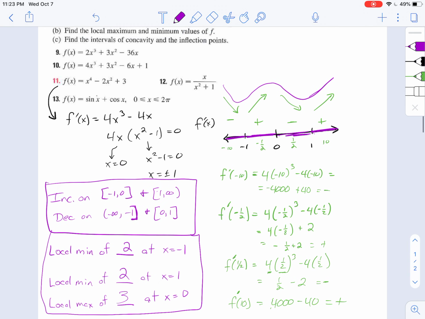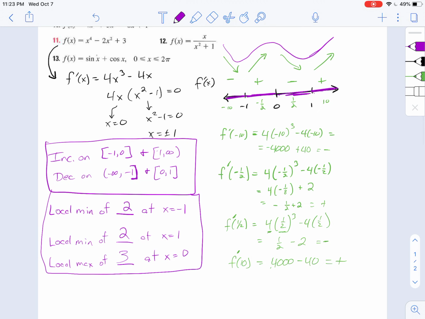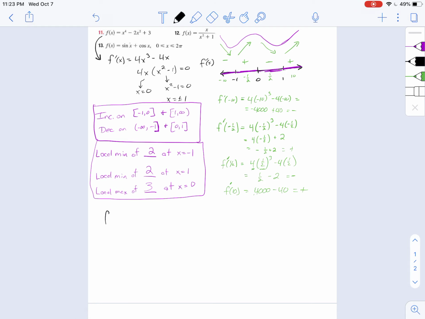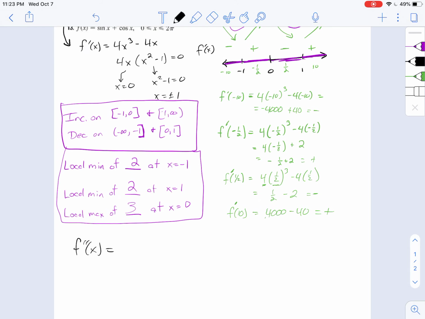And then C says find the intervals of concavity and the inflection points. For C, we need to take the second derivative. f double prime of x, the derivative of f prime, is going to be 12x squared minus 4. I'll set that equal to 0. You get 12x squared equals 4, so x squared is 4 over 12.